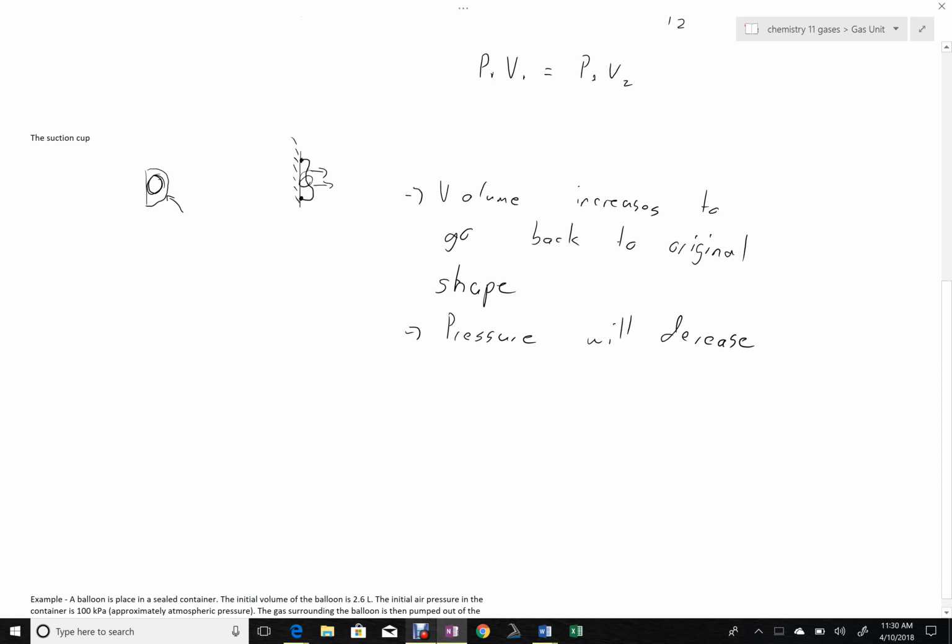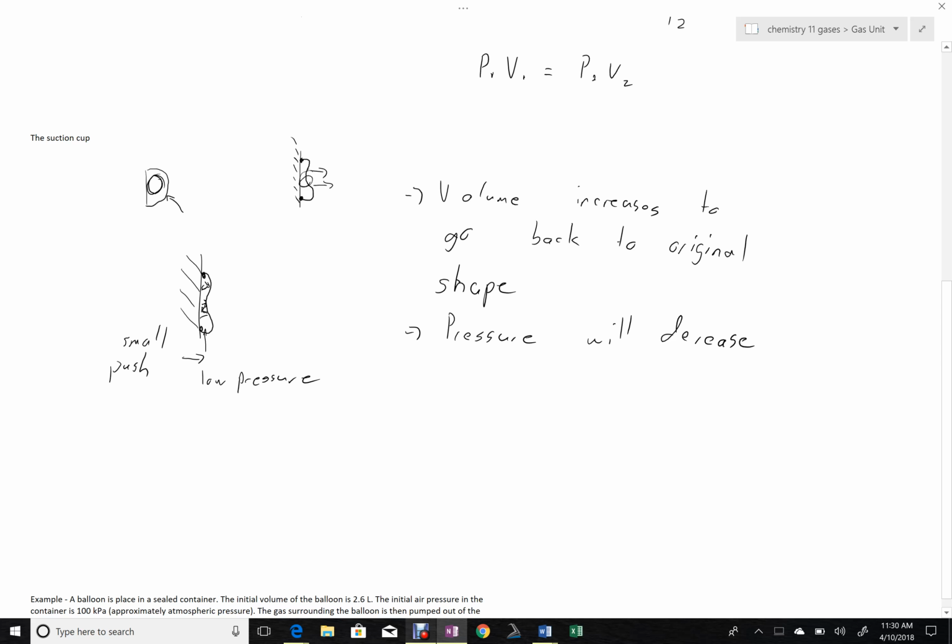Now if we imagine the force being exerted by the air molecules in and outside the suction cup, in this area with low pressure, there are not very many gas molecules available to deliver force to the inner surface of this suction cup. So there is a very small push in this direction.